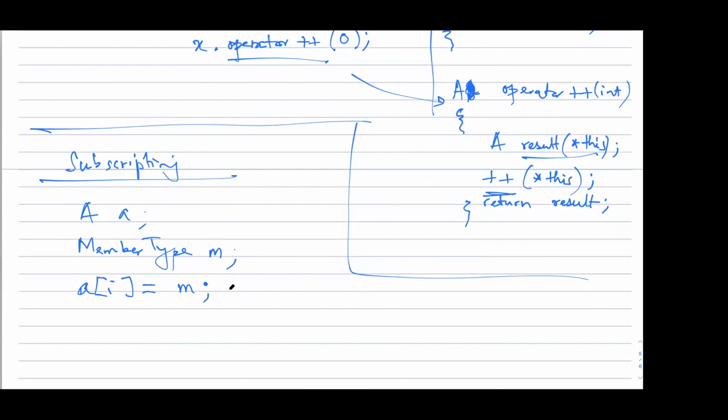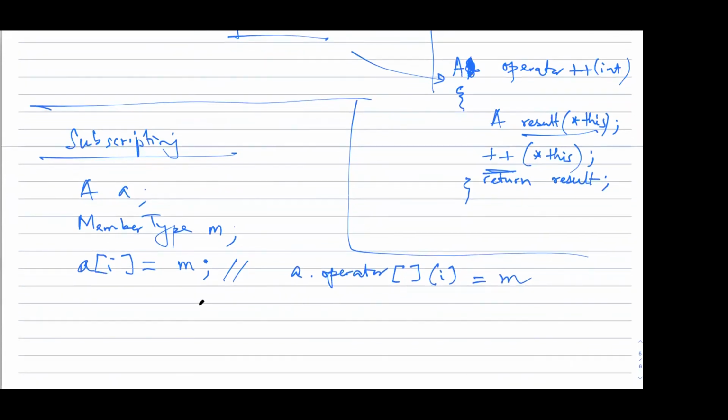So this is equivalent to writing A.operator[](i) = m. And if you write const A, and then you do A[i] = m, then this is going to be illegal.